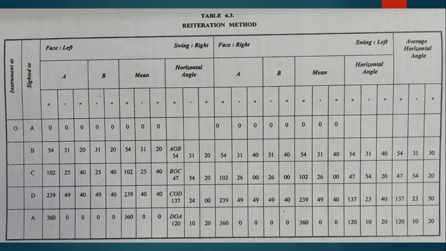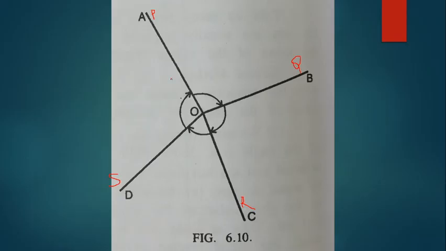Everything else is the same. The instrument is placed at O and sighted to signal A, or ranging rod A. The reading on vernier A is 0 0 0, and similarly vernier B is 0. So the mean is 0 degrees 0 minutes and 0 seconds. Now the telescope is directed to P and the reading is 0.